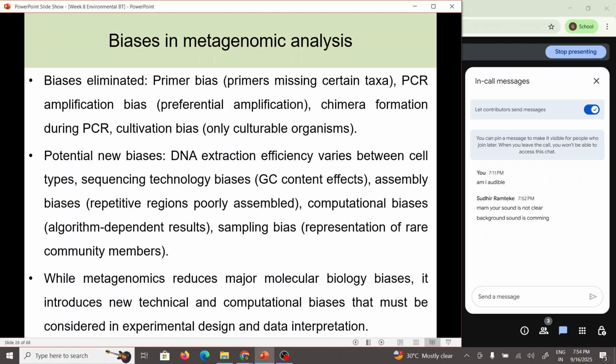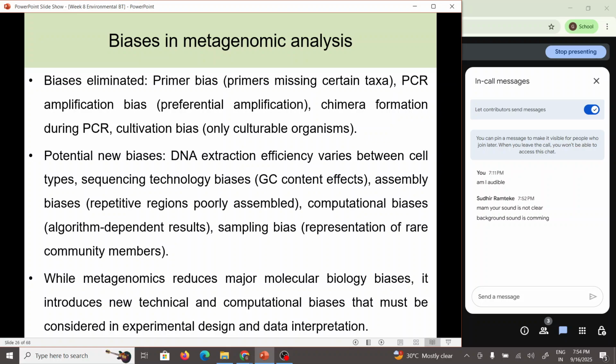So the potential new biases that can come out are: the DNA extraction efficiency varies between the cell types, so we have to have more robust techniques, and then sequencing technology biases. Like in one of the lectures, we saw that the GC content and AT content is very important.